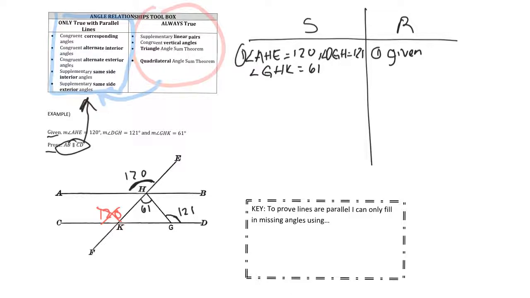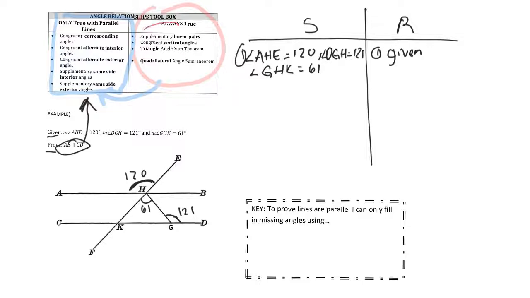That would be true if I knew the lines are parallel, but I don't know they're parallel yet, so I can't do that. So I'm going to get rid of that. Let's erase it.